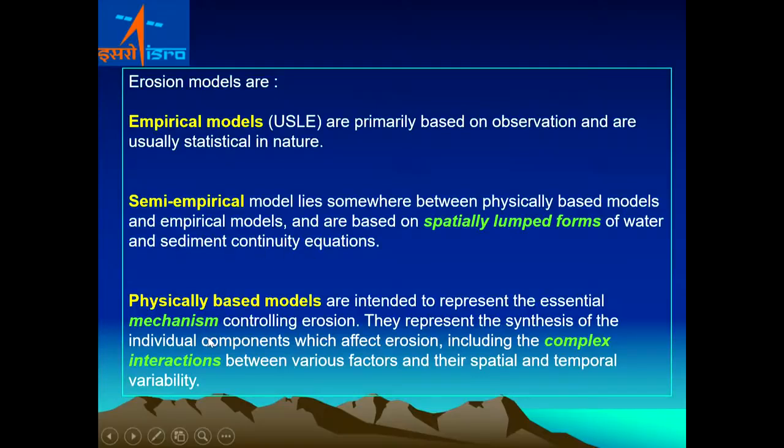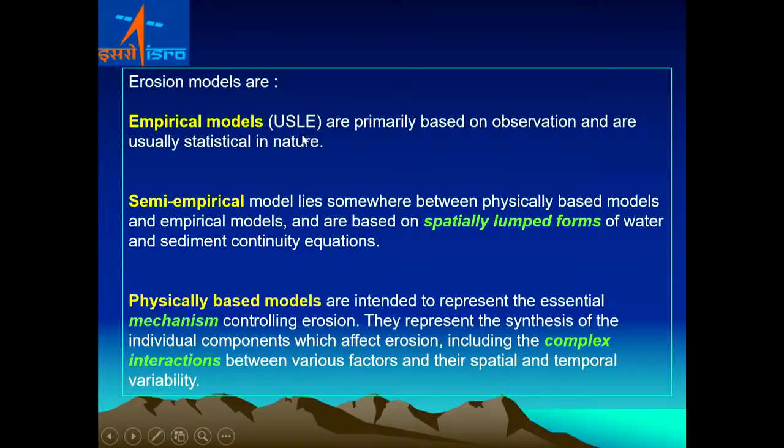So physical based models are very exhaustive and descriptive, where all the erosion processes are described. Physical based models estimate soil erosion on a daily, weekly, monthly, and annual basis. But empirical models assess the seasonal or annual soil erosion rates.